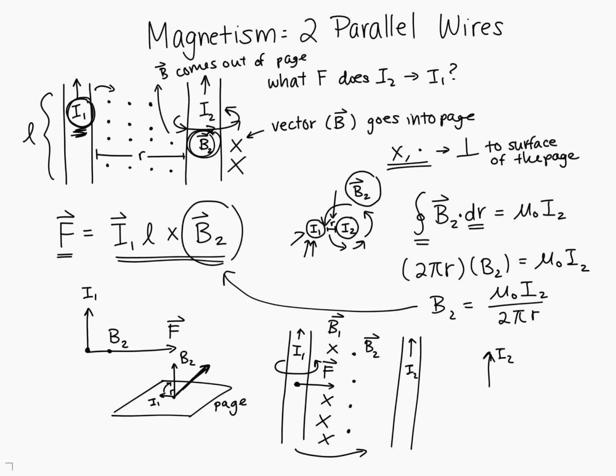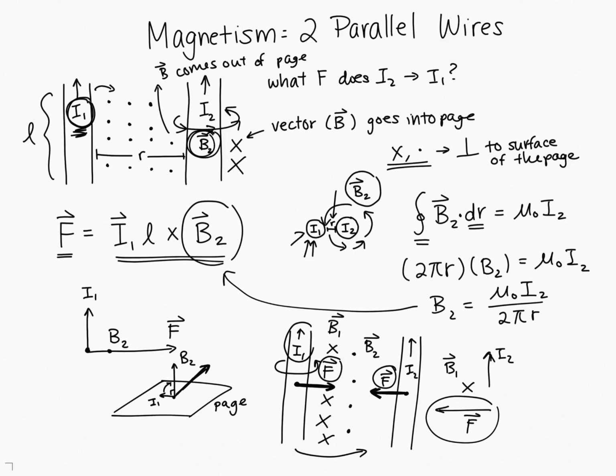So for I2 going upwards, with B1 going into the page, the right-hand rule gives a cross product pointing to the left. Since forces are equal and opposite, action and reaction, these forces are equal in magnitude, and the force acting on the left wire points to the right, while the force acting on the right wire points toward the left.